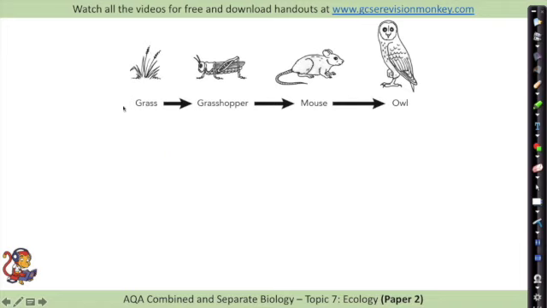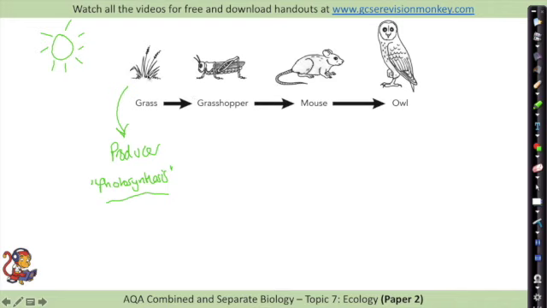First of all, this grass here, and always at the beginning of the food chain you have something called a producer. This is because it produces its own food by a process called photosynthesis, where that process gets its energy from originally is the sun. So energy is transferred to the plants and they use that energy from the sun to make their own food.